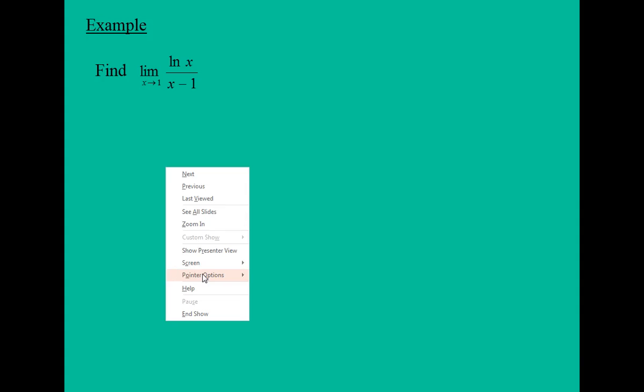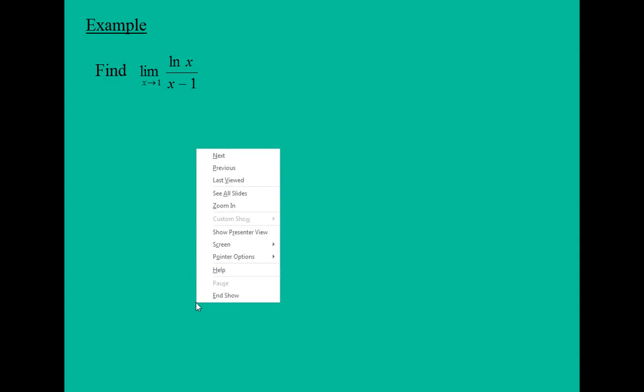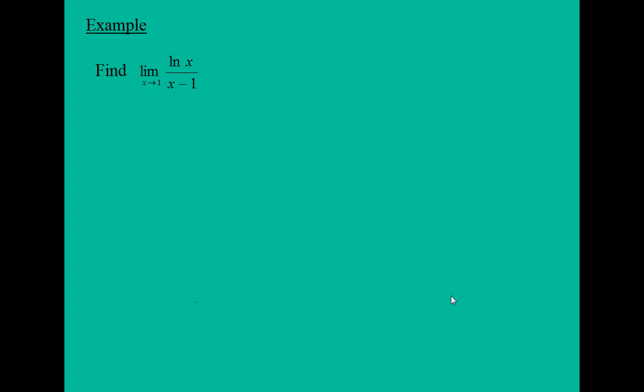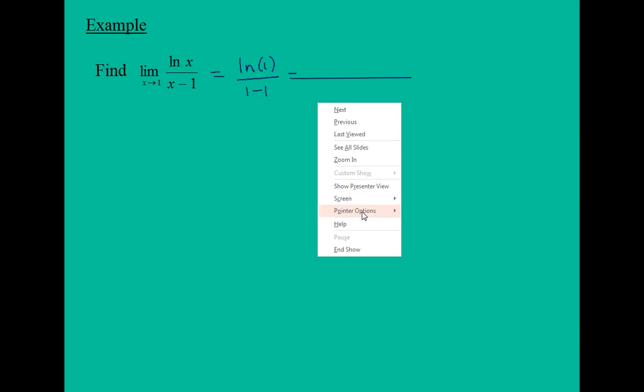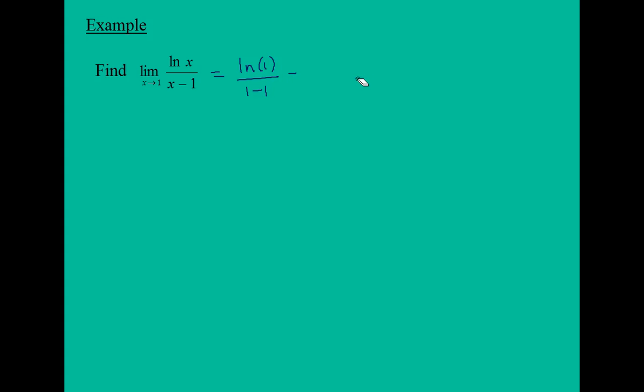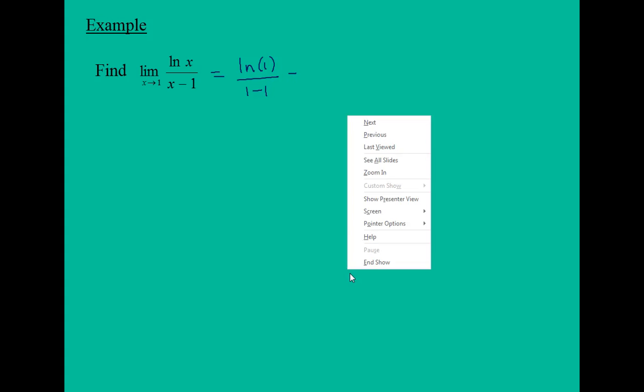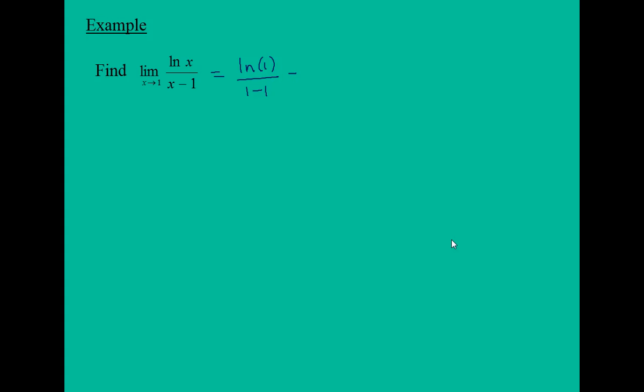If we looked at direct substitution for this limit, we would get the natural log of 1 all over 1 minus 1, which is 0 over 0, the indeterminate form. So we can apply L'Hopital's rule.